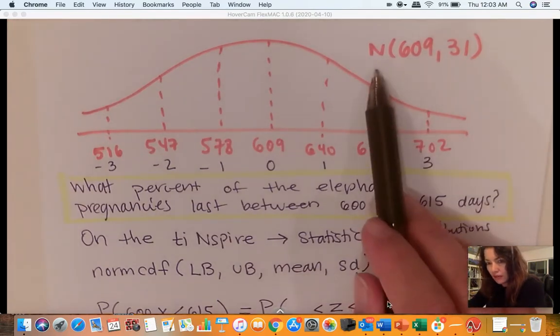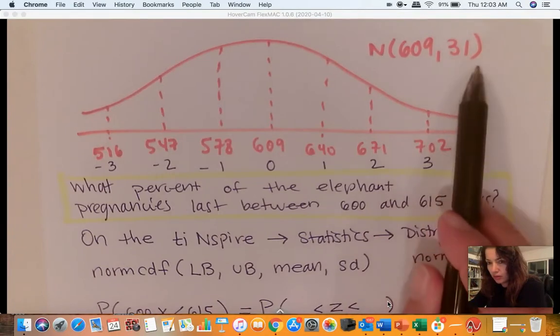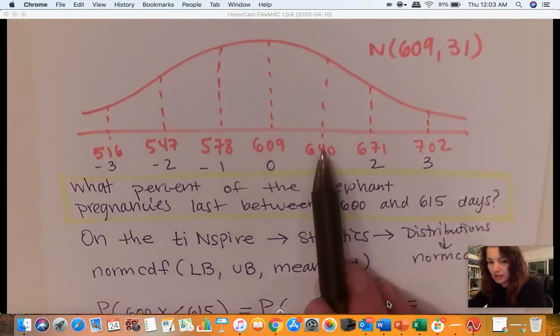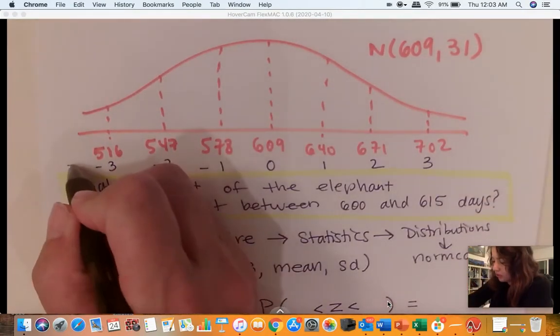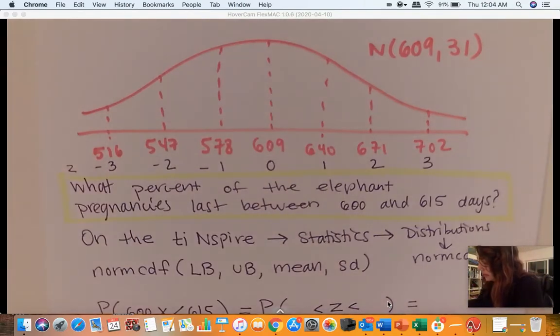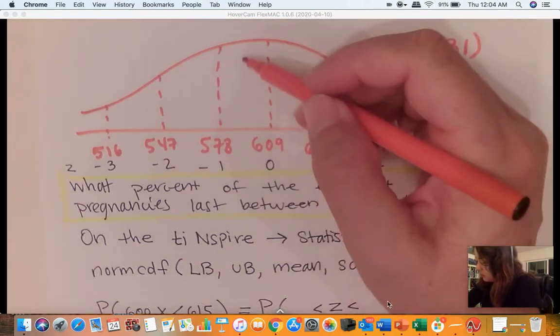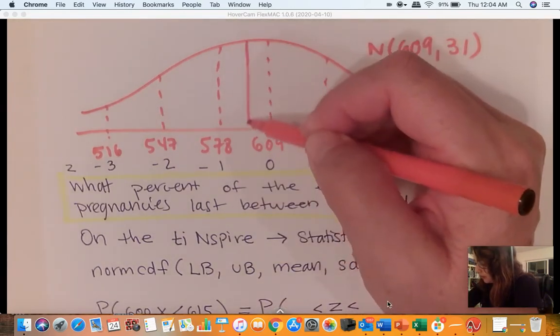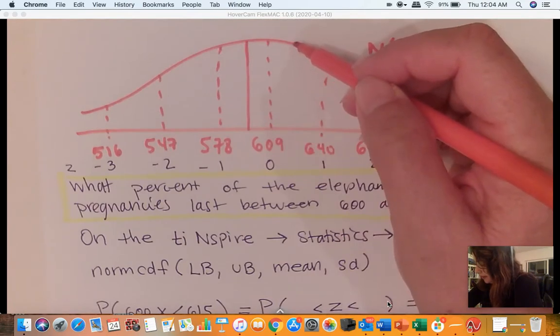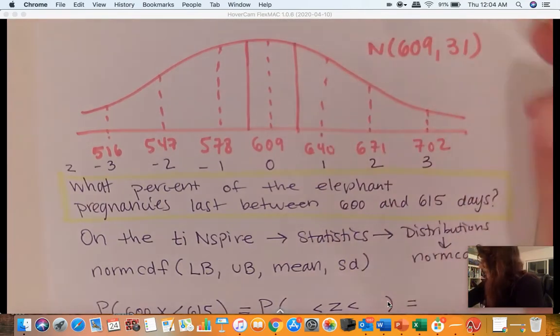So we still have our normal model with a mean of 609 and 31. I have the x-axis labeled, I have the z-scores labeled, and I'm going to sketch approximately where the scores of 600 and 615 would be. It would be somewhere here and here. It doesn't need to be exact.